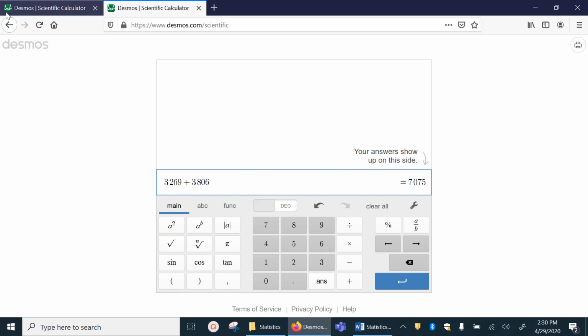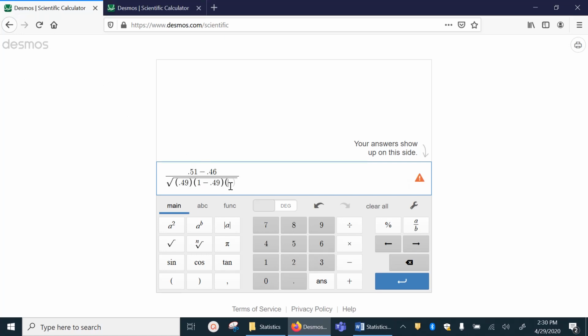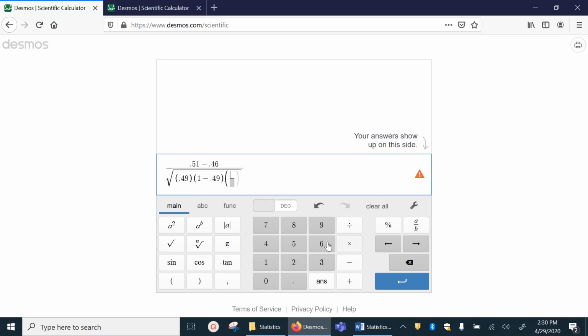To finish this off, it's 1 over, it doesn't matter which sample size we choose, so 7075, that's for the men, plus 1 over 8749. Close that parentheses.